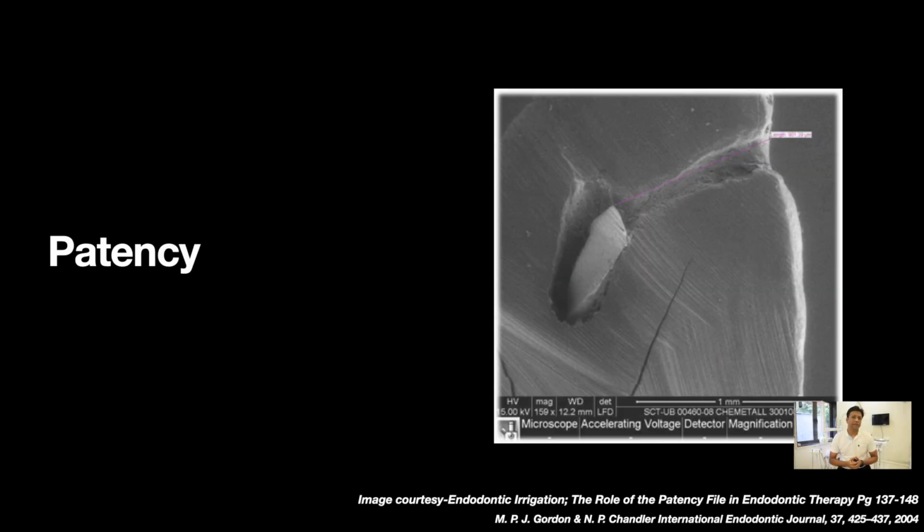Now coming on to patency. Yes, if the canal is blocked for some reason, the working length is going to get hampered. See, patency is a very important concept in endodontics. Of course, patency does not mean that we are taking the number 10 or 15 K file 3 to 4 millimeters beyond apex. No, patency practically means that we are exiting the canal just 0.5 to 1 millimeter beyond apex with a number 10 file.